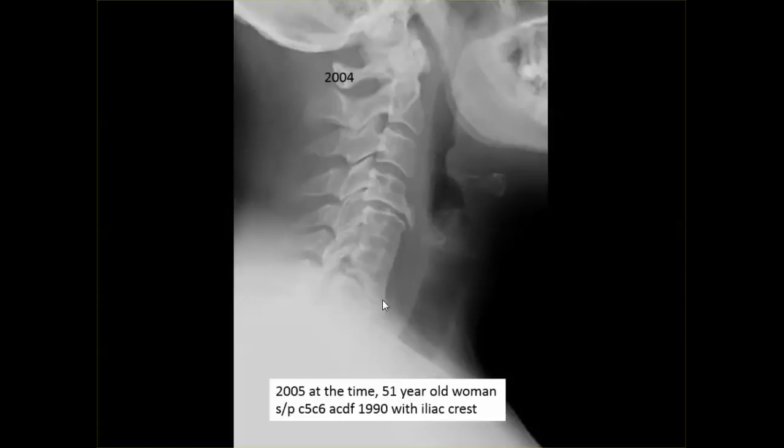C6, C7, what does it look like? That disc is very, very flat, and it also has an S-type shape, doesn't it? It's curvilinear. That's not straight across. She wasn't born like that. Some discs with degenerative disc disease do develop a sigmoid-type shape like that. Don't ask me why. I have no idea.